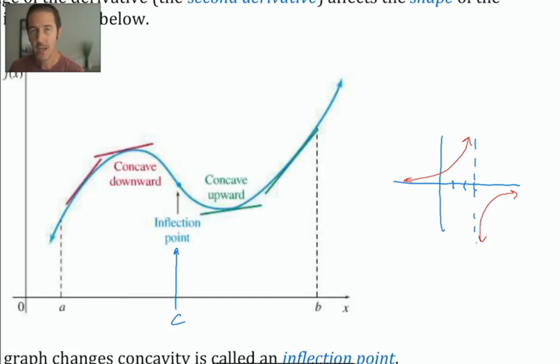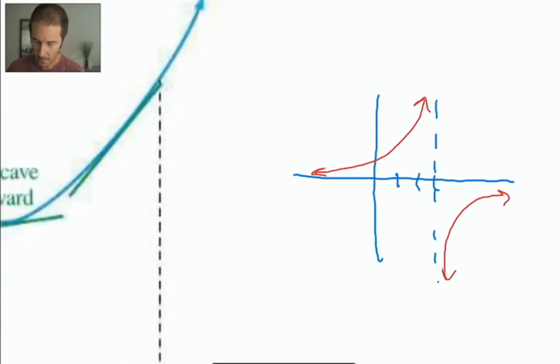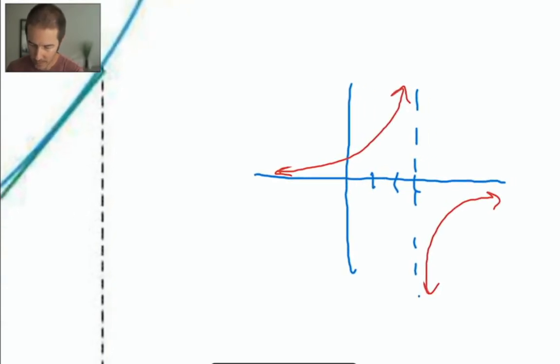So that dashed line, that vertical asymptote that I drew, isn't that sort of when the concavity changes? On the left-hand side of the dashed line, it's concave up. On the right-hand side, it's concave down. So the dashed line represents when the concavity changes. In this case, that vertical dashed line is at x equals 3.